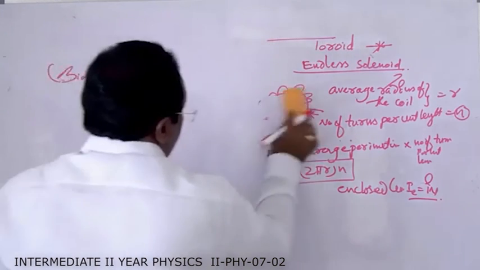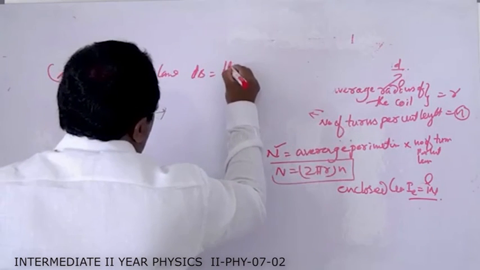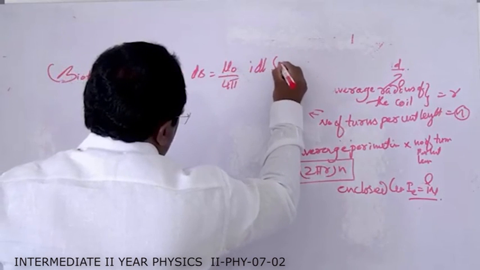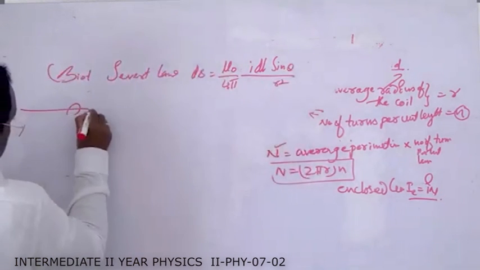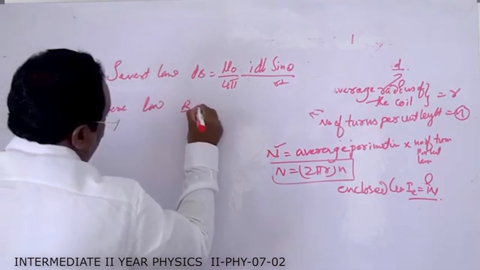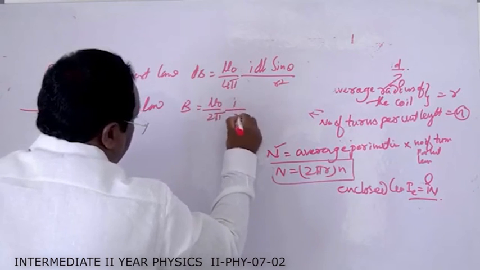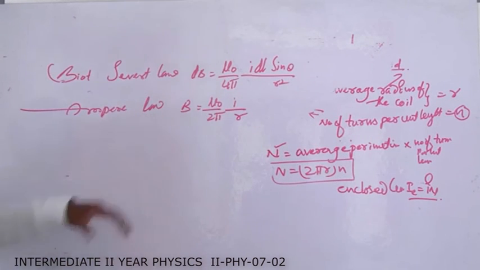Now, so far, the purpose of the Biot-Savart law: dB equals mu naught by 4 pi, I dl sin theta by r squared. Ampere's law: mu naught by 2 pi, I by r, to find the magnetic field due to a straight infinite current carrying conductor.